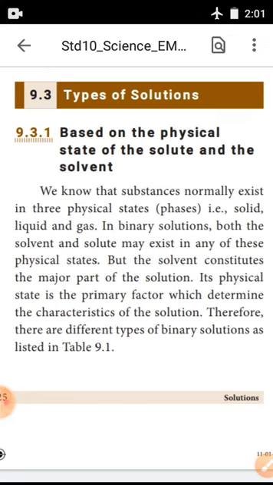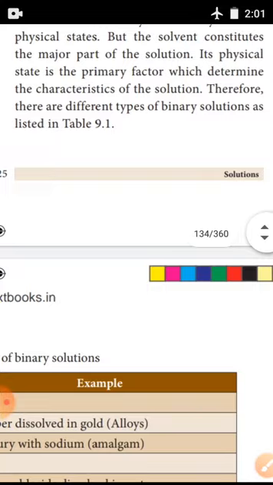Yes, solvent. A binary solution exists in solid state or liquid state or gaseous state, and each and every substance has different kinds of matter. One is solid state, another one is liquid state, another one is gaseous state. Okay, and see the next page.